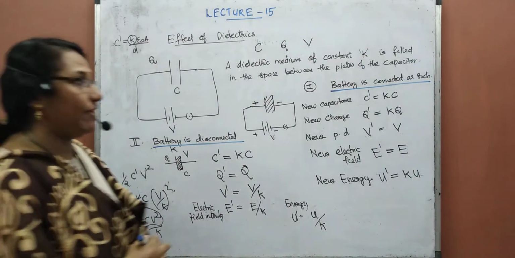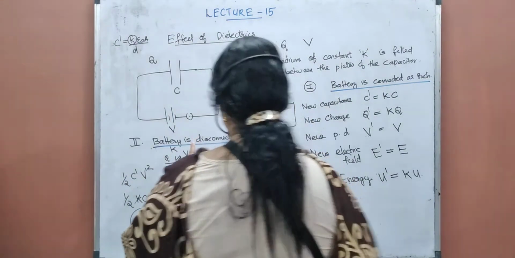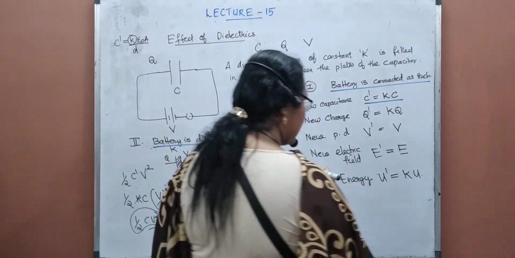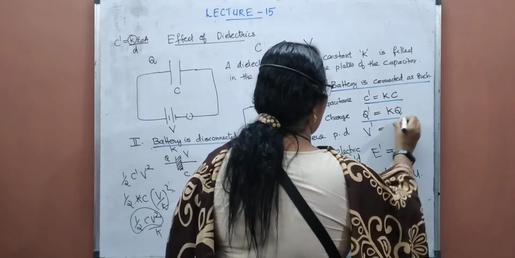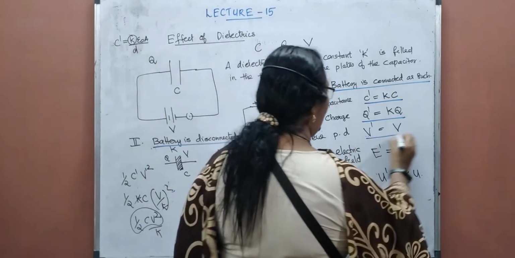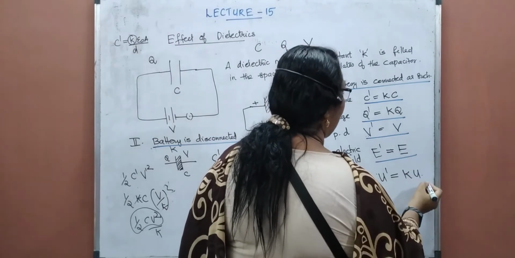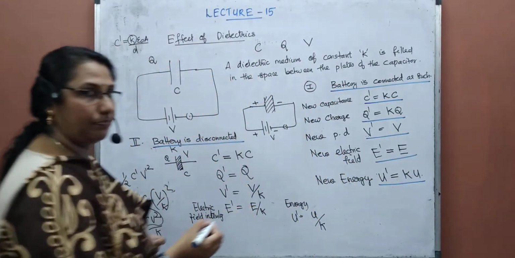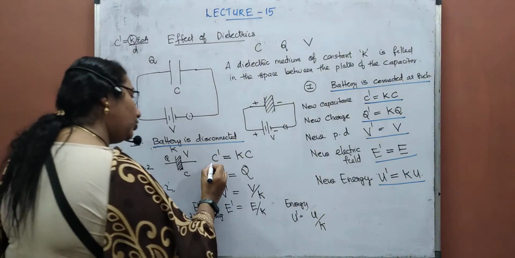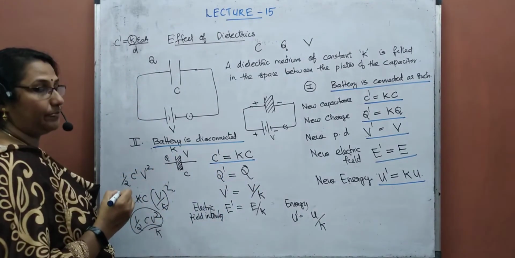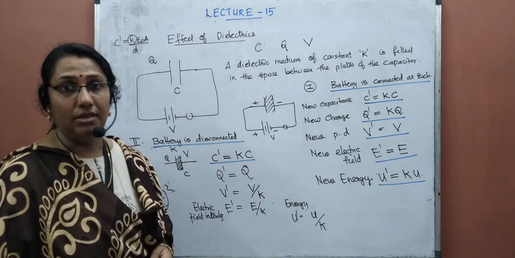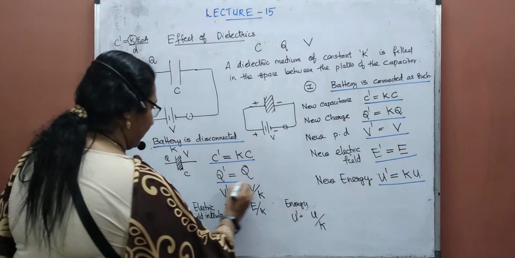Two cases: when the battery is connected as such, and when the battery is disconnected. When the battery is connected, capacitance increases by K, charge increases by K because the battery is providing the same potential. The field remains the same and the energy increases by K. But when the battery is disconnected, even though capacitance increases by K, there is no one to provide the extra charge, so the charge remains the same.